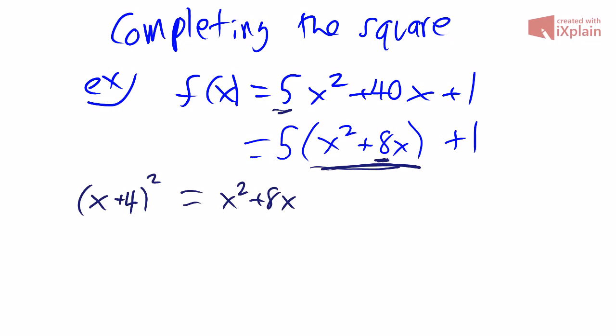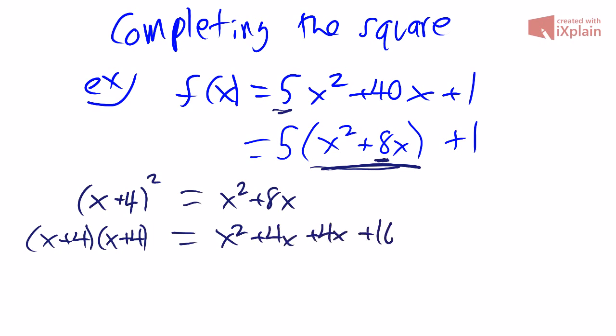And if you multiply this out, the two middle terms would be plus 4x plus 4x. So distribute that out, and you'd see that the middle term would be an 8x. What I'm saying is if we wrote this out and we FOILed, we would get x squared plus 4x plus 4x plus 16.